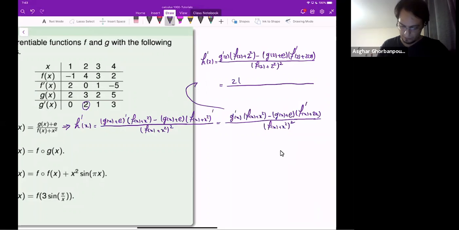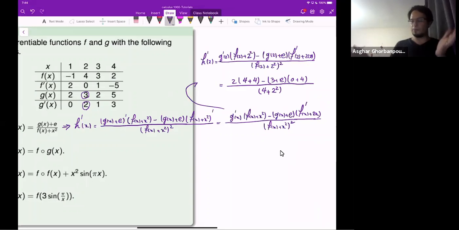F at 2 is 4, plus 4 squared, 2 squared is 4, minus g at 2, the function itself at 2, is 3 plus e, and f prime at 2 is 0 plus 4, over f at 2 is 4 plus x squared, 2 squared.